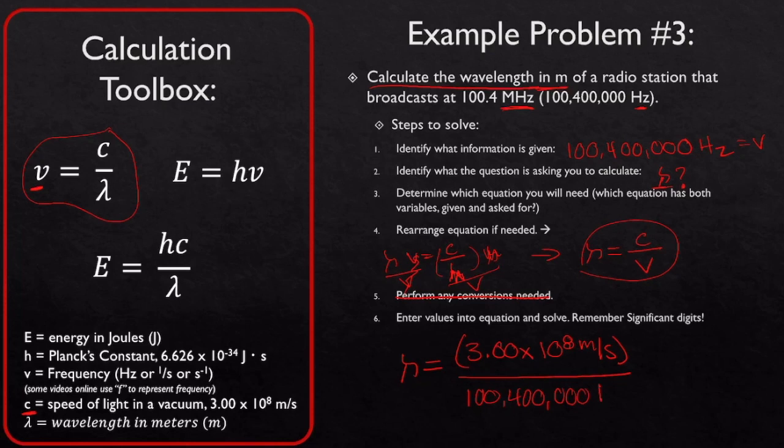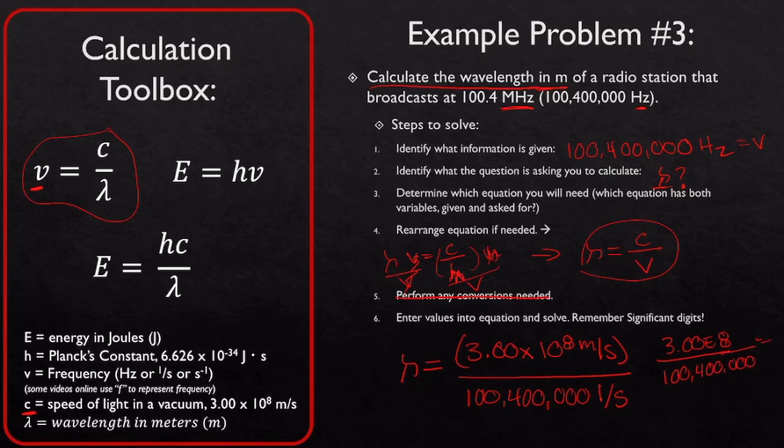And again, I'm going to put this in here as 1/seconds because I'm putting the frequency into a calculation and I want to be able to see what's going on with my units. And so in my calculator, I want to type 3.00 E8 divided by the frequency.